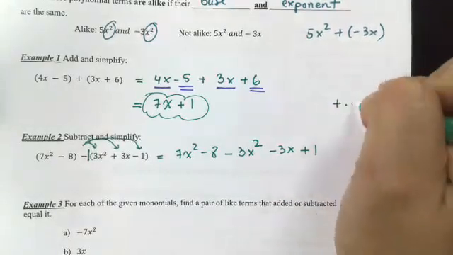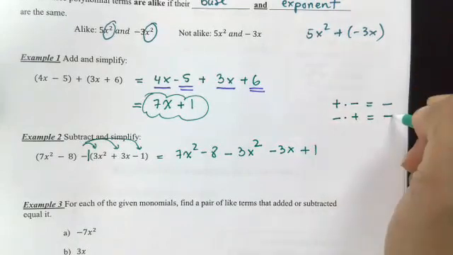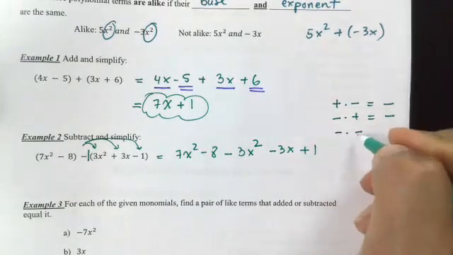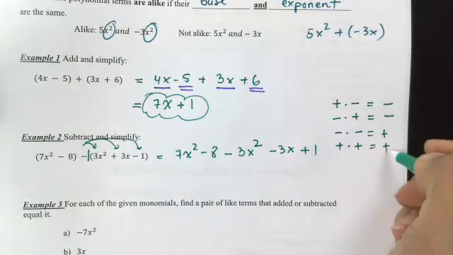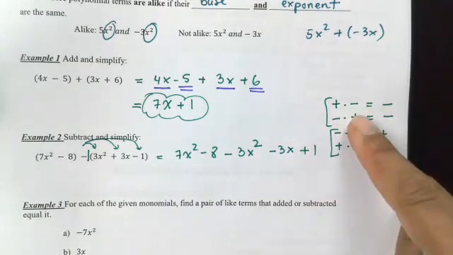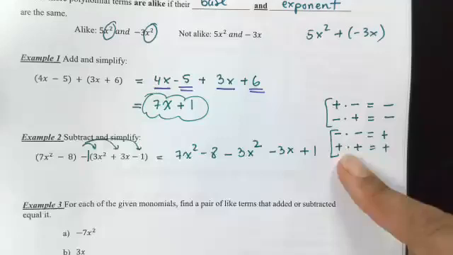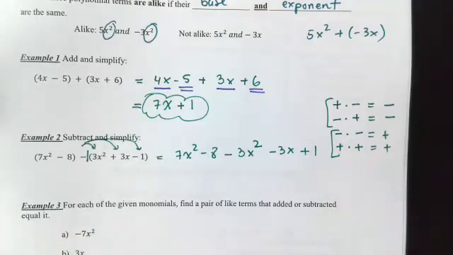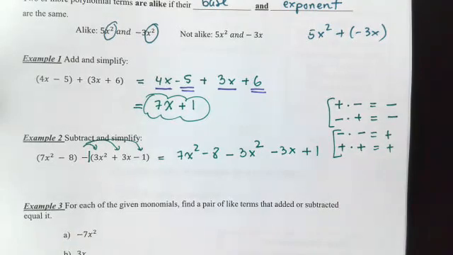Positive times a negative is negative. Negative times a positive is negative. And if you have the same signs, they're always going to be positive. So different signs multiplied, you get a negative answer. Same signs multiplied or divided, you get a positive answer. Clear? We'll remember that.